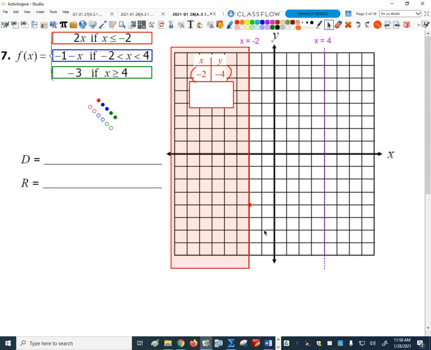Okay, now for the other point, I just need some point to the left of that. It doesn't matter what x value I pick. Let's just say -4, how about? 2 times -4 is -8, and so I get another point at -4, -8, which is right there. And now all I've got to do is create a ray from those 2 points.